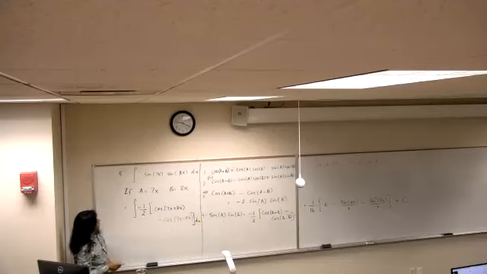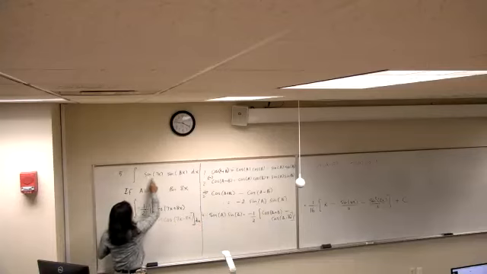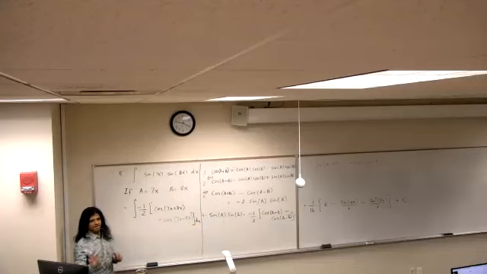So I've replaced sine 7x times sine 8x by that, by setting A equals 7x and B equals 8x.